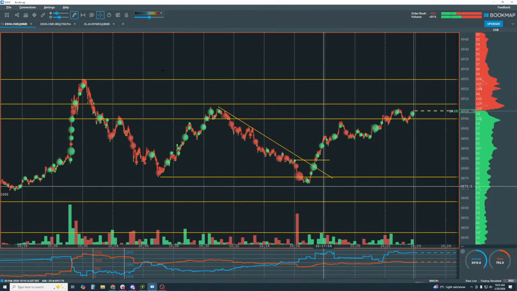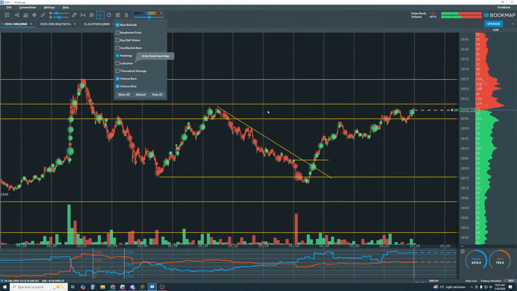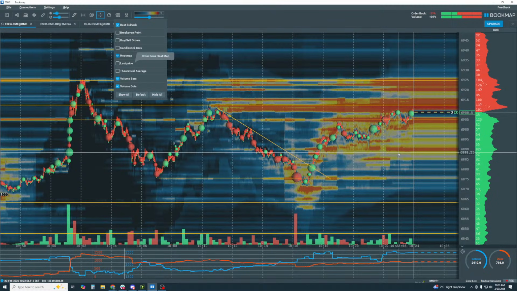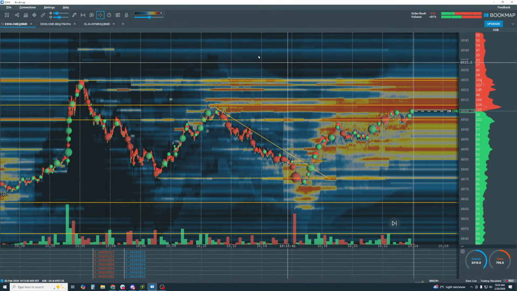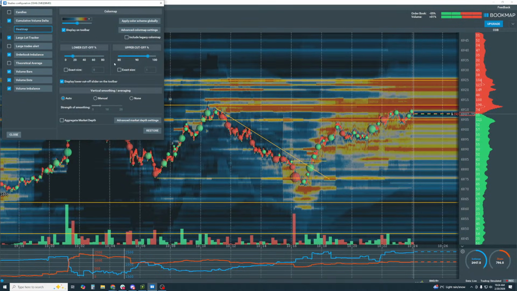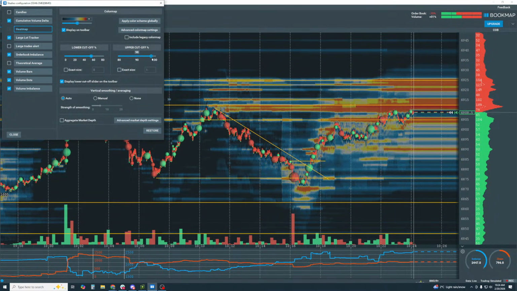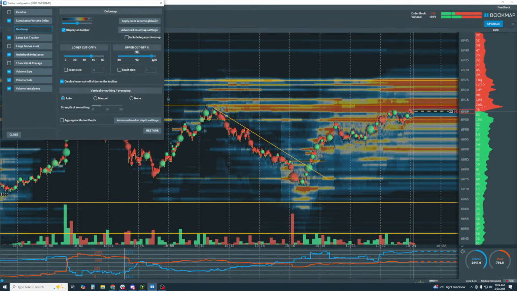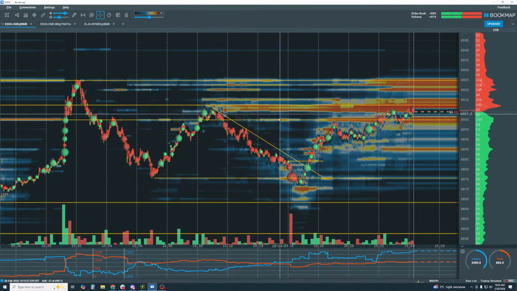All right, let me turn on the heat map though. That's going to give us a lot more information. Okay, great. Actually, I'm going to right click in here and go to the heat map settings, and I'm going to filter for it here and use the upper and lower cutoffs to show less noise and cut out some of those orders.